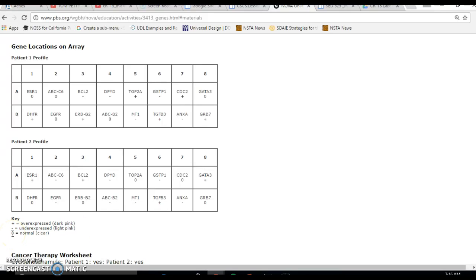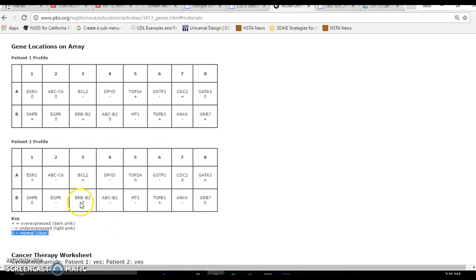And if it were functioning on an average typical level, producing a normal number of proteins, that gene would be identified as a clear color. So overexpressing is dark pink, underexpressing is light pink, and normal functioning gene activity is clear.